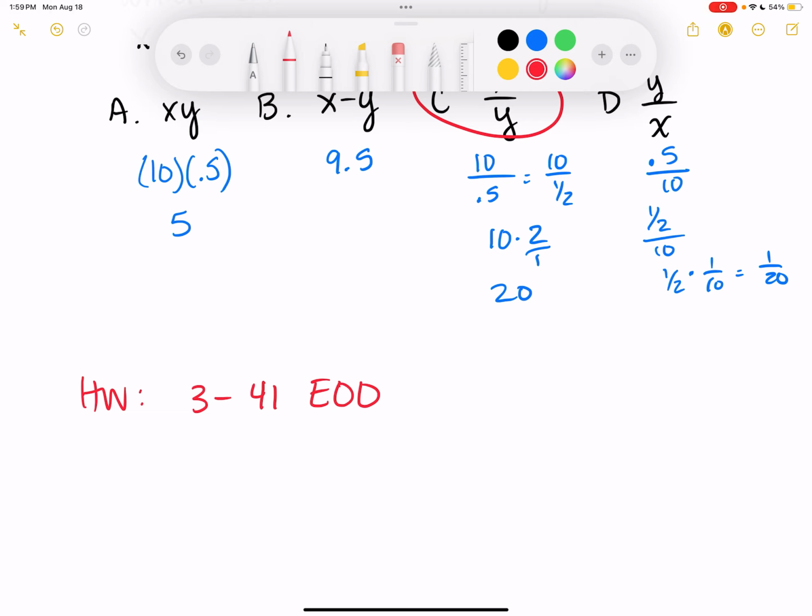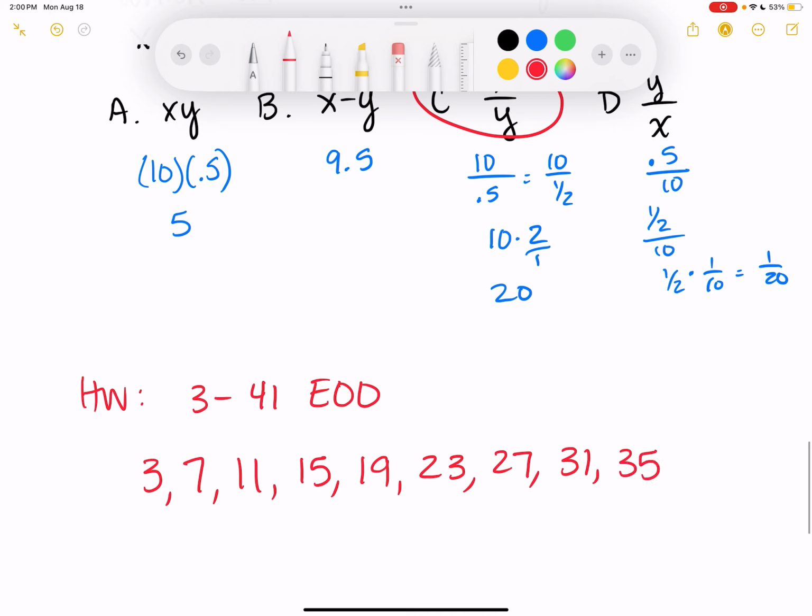I'm just going to tell you it's every other odd, or we might do every odd sometimes, but this would mean you do 3, you skip the number 5, you do 7, you skip 9, you do 11, skip 13, do 15, skip 17, do 19, skip 21, do 23, skip 25, do 27, skip 29, do 31, skip, I may have miscounted, hold on, I'm saying this and I'm getting confused. 23, 27, yeah, okay. 35, and then skip 37, 39, so this actually should be 43, not 41. There we go.